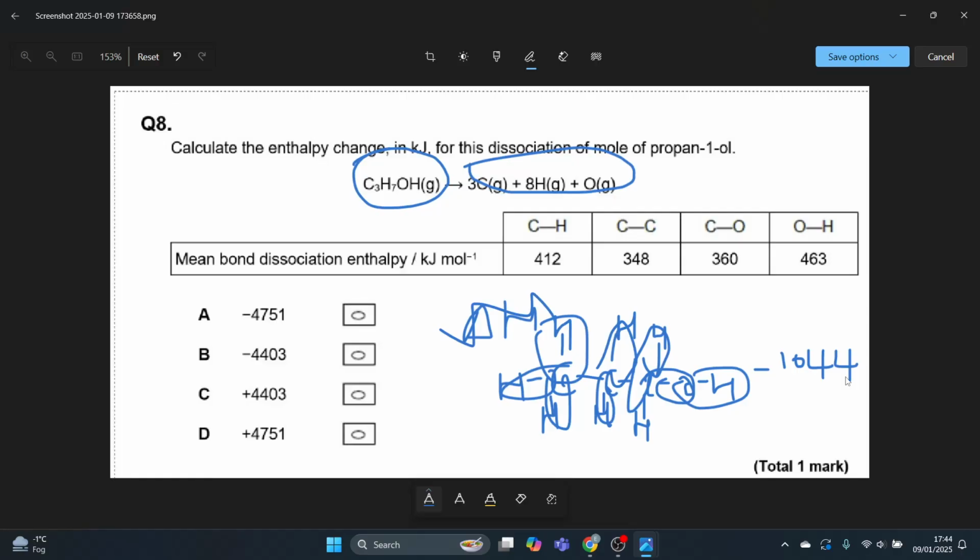Yeah, 1 carbon bond, 2. No, we've only got 2. See, it gets tricky now. We don't have 3 carbon-carbon bonds, we only have 2. It's going to be 2 times 348 plus 1, 2, 3, 4, 5, 6, 7 C-H bonds, plus a C-O bond, plus an O-H bond. 4403. My answer minus 1044.